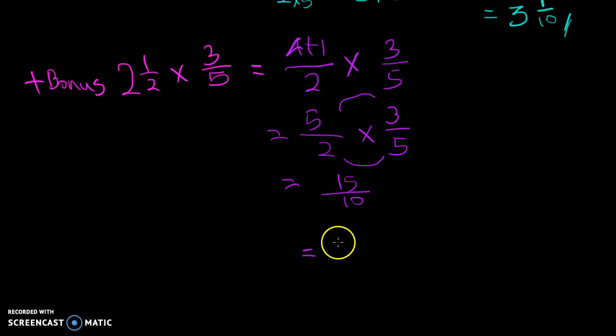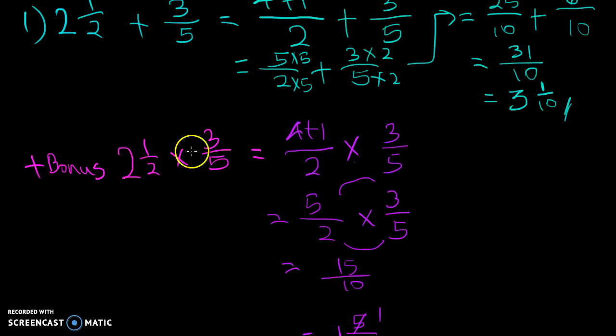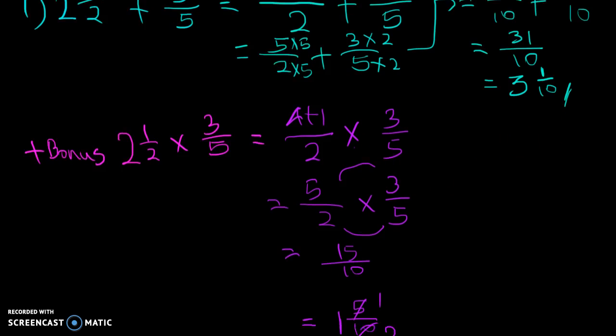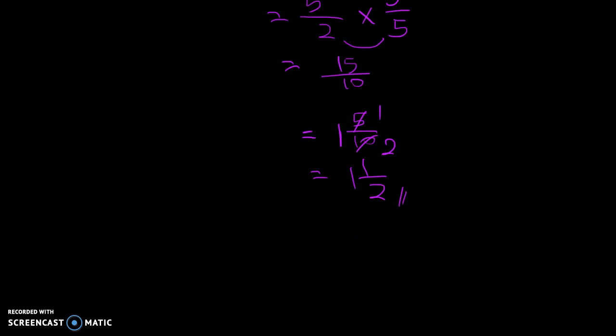I change it to a mixed number first. 15 divided by 10, I have 1 whole, with remaining 5 out of 10. Then I divide both by 5. 5 divided by 5 gives me 1, and 10 divided by 5 gives me 2. So I end up with 1 1/2. It's very different: whenever I multiply fractions, the steps are very different from plus or minus.